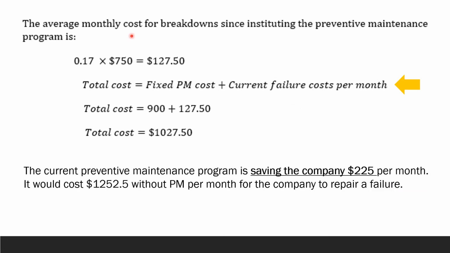And we're going to multiply that by $750, so you will spend $127.50 on failure. Then we add our regular PM cost of $900 per month. When you add it, you get $1,027.50. That's the cost of 1 month of PM with the failure that happened.